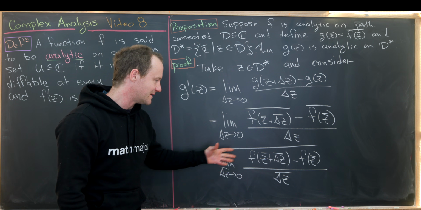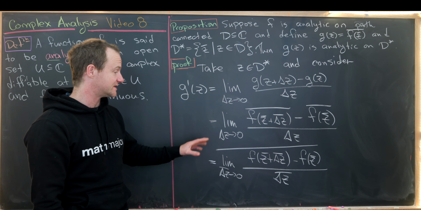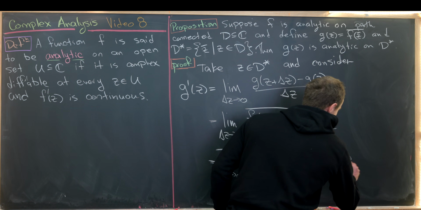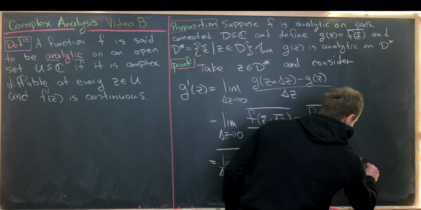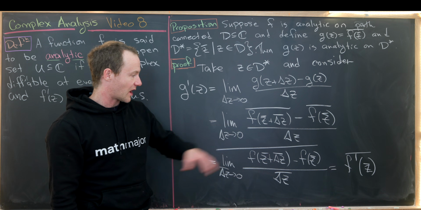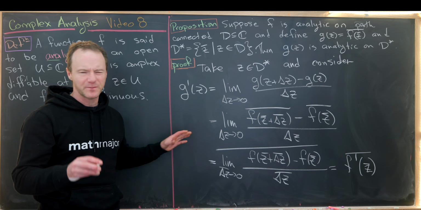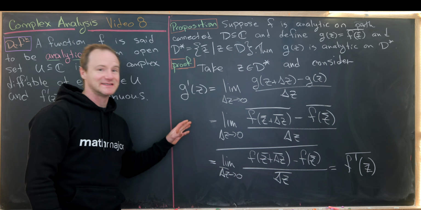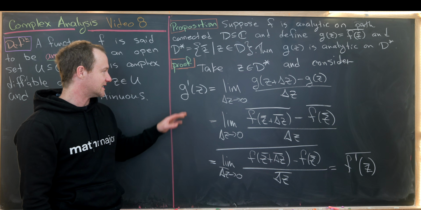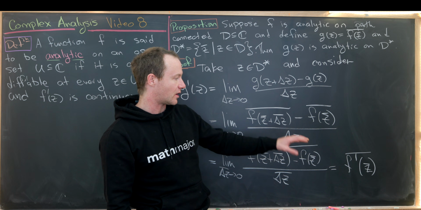So that means this limit, which is within the conjugate, most definitely exists because f is analytic on D. And so that gives us f prime evaluated at z bar, with the bar happening outside of everything. Okay, so there's a lot of ins and outs of the conjugation here, but this is essentially the idea of getting from g prime of z to the conjugate of f prime of z bar.